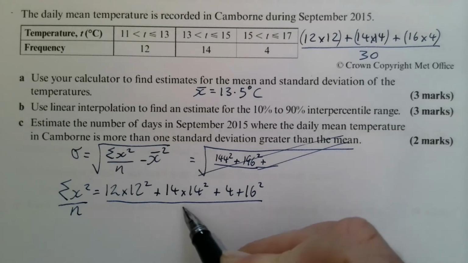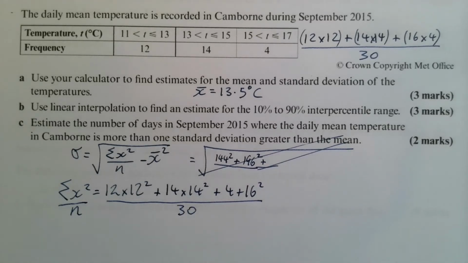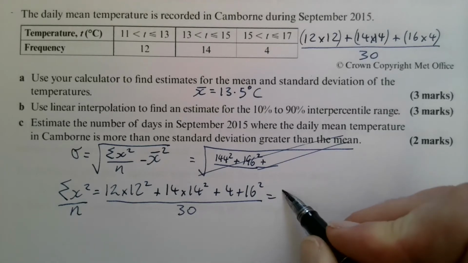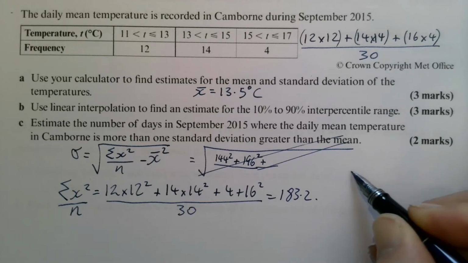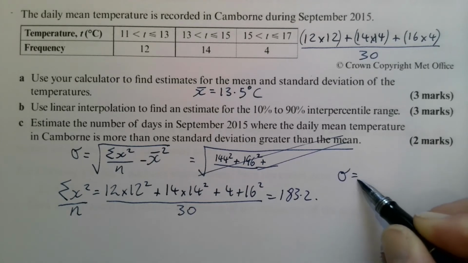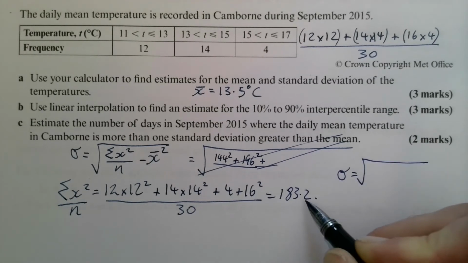So we're going to divide by 30, giving us 183.2.